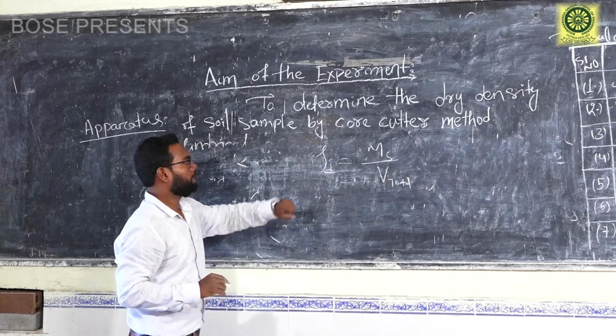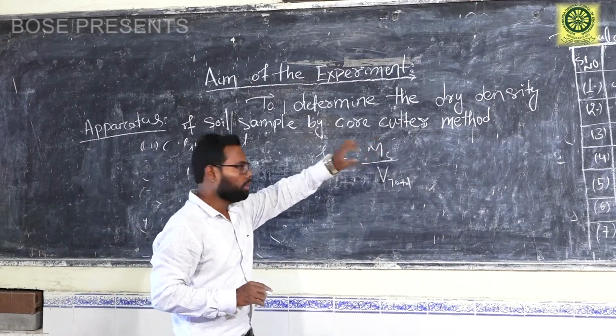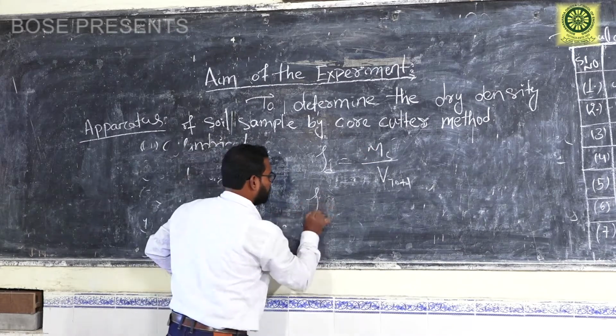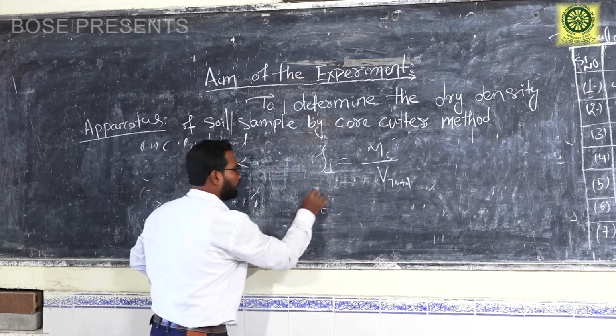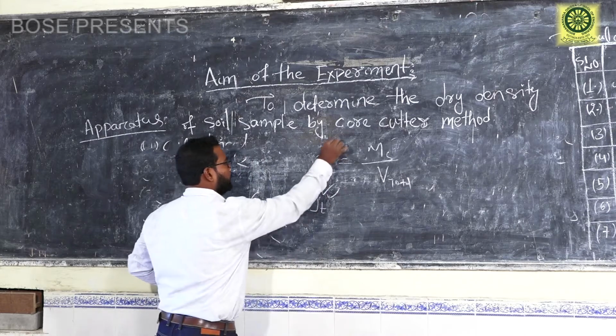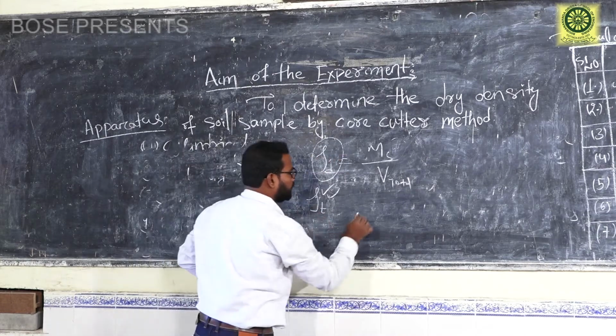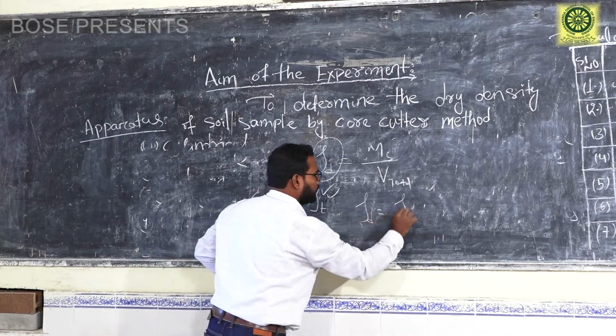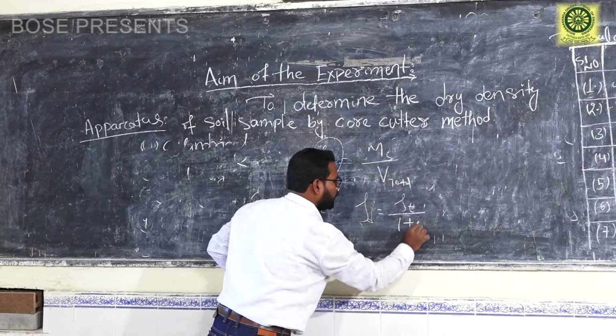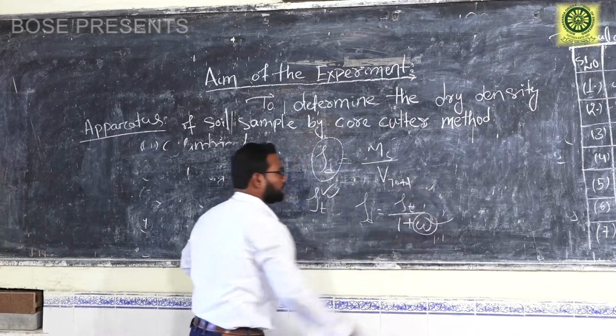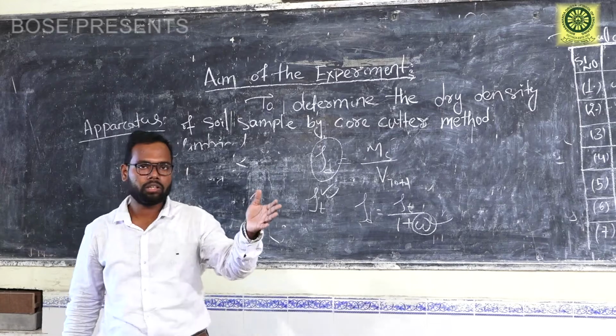But in this experiment, with the help of the core cutter, we find the bulk density, gamma T. With the help of gamma T, we will calculate dry density with the relation gamma D is equal to gamma T divided by 1 plus water content. Similarly, water content we can determine with the help of the water content apparatus.